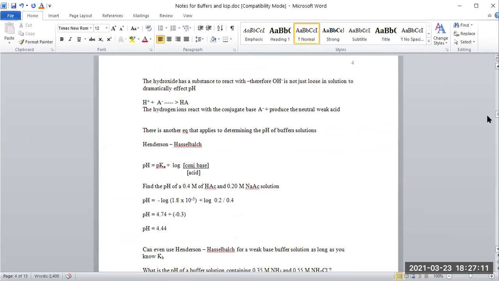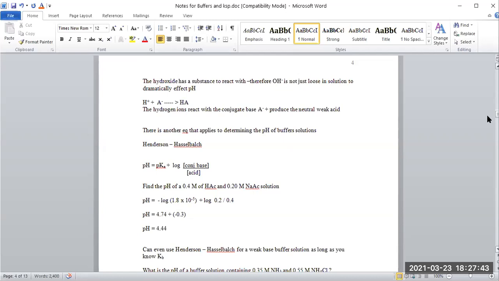We can even do some alternate versions, which I don't really want to get into tonight. But if you look at the notes file later for this, we are going to continue with a variation on this theme that allows you to tinker with the Henderson-Hasselbalch and figure out base buffers.